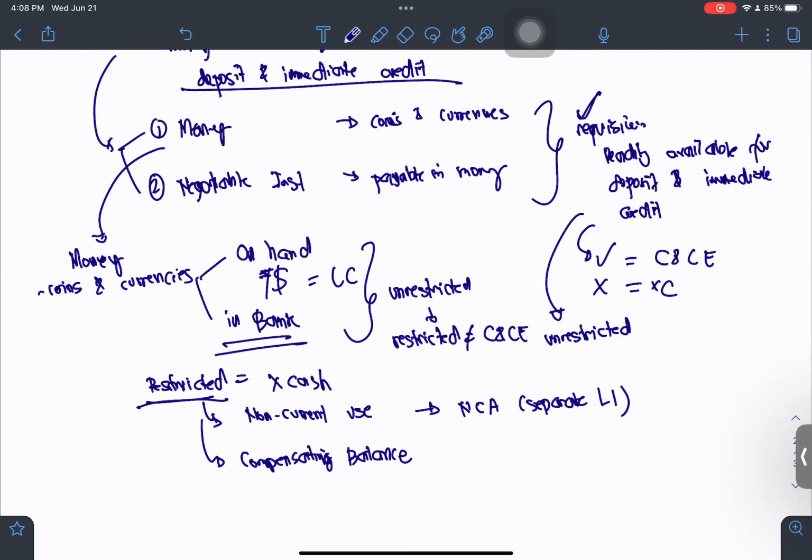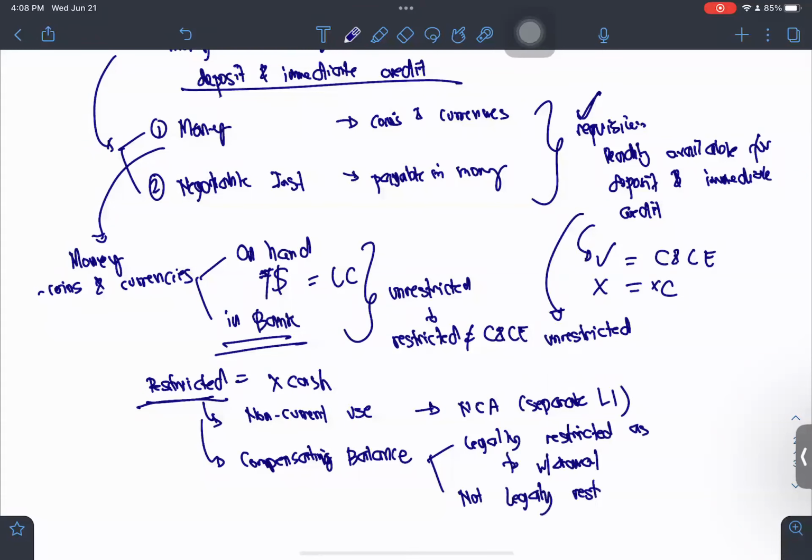So what will we do then in your compensating balance? For compensating balance, you need to look whether it is legally restricted as to withdrawal or not legally restricted as to withdrawal.